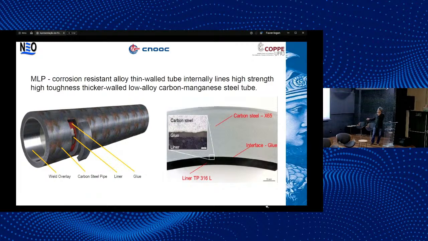The liner is a very thin pipe, whose main function is to be in contact with the CO2 and aggressive medium of the oil and avoid the corrosion. And the carbon steel provides the mechanical strength.